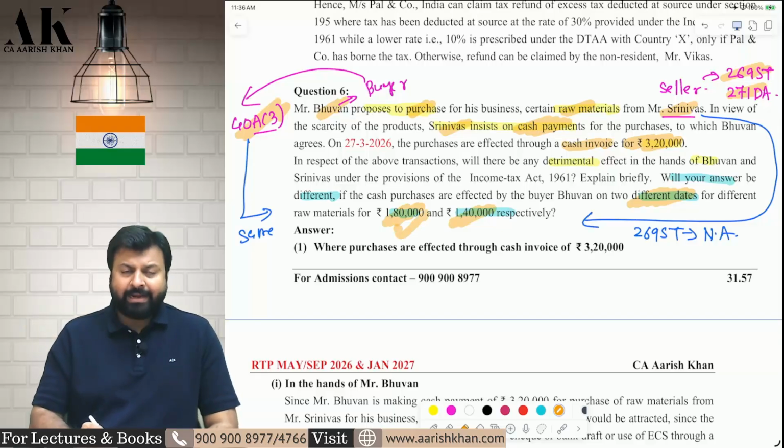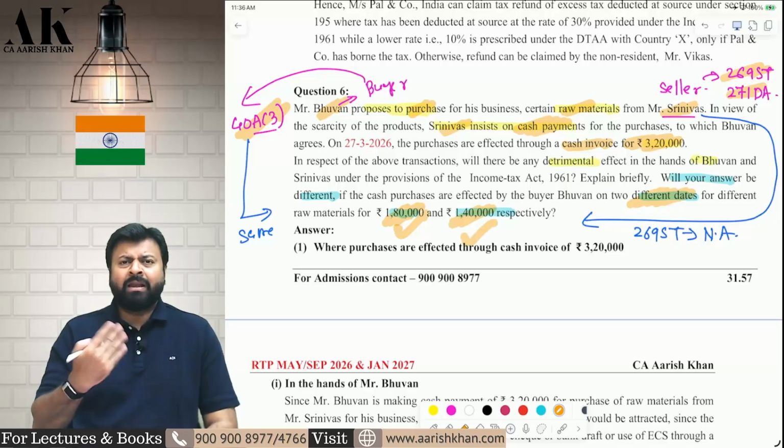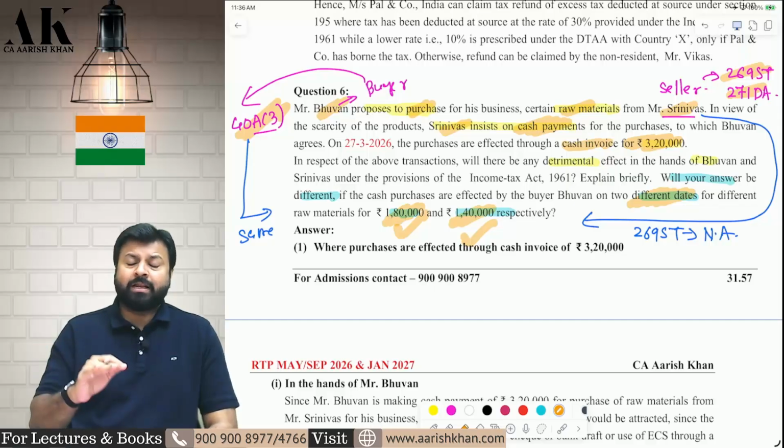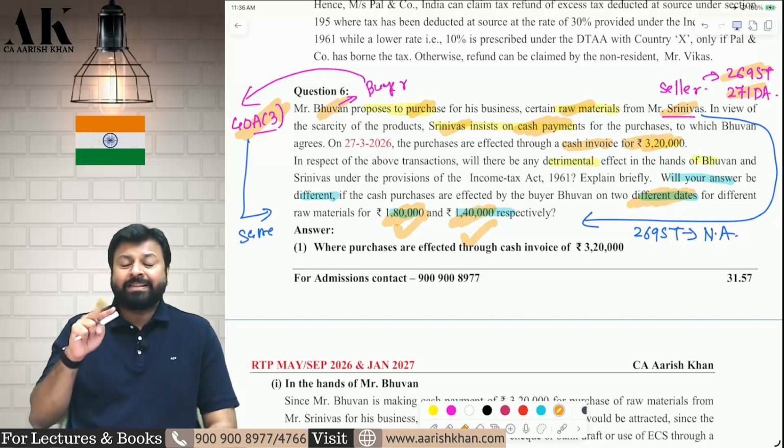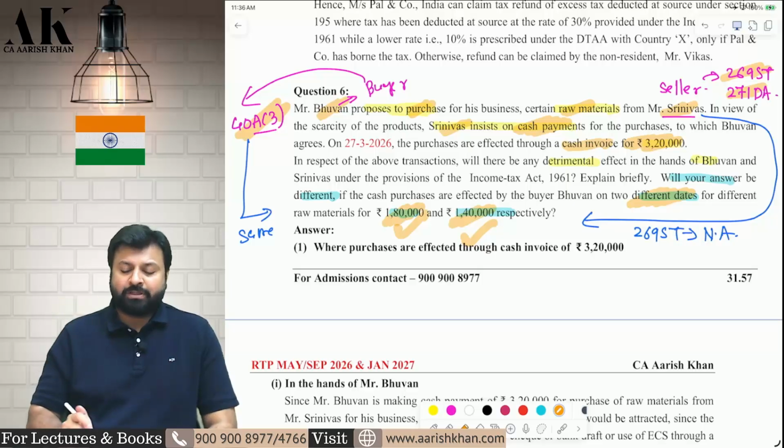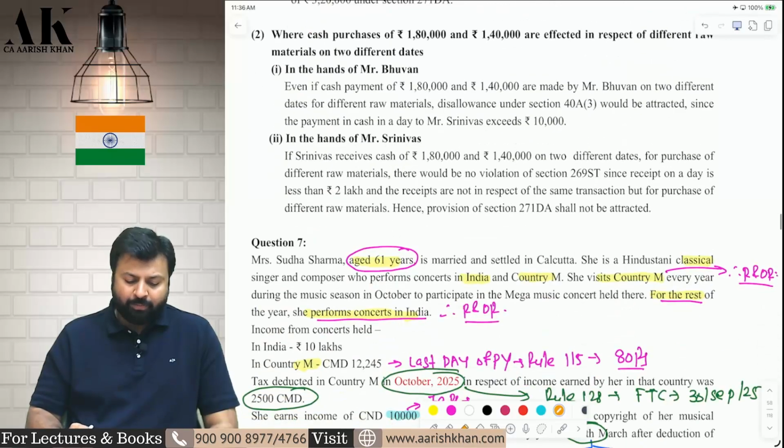So for the buyer, 1,80,000 is more than 10,000. 1,40,000 is also more than 10,000. So for the buyer, both expenditures will be disallowed. What about the seller? Seller will escape from 269ST and 271DA. Why? Because the transaction is happening on two different days, and on every day the transaction value is not exceeding 2 lakh rupees or more. Therefore, the seller will escape from 269ST and 271DA. I hope it is clear to all of you.